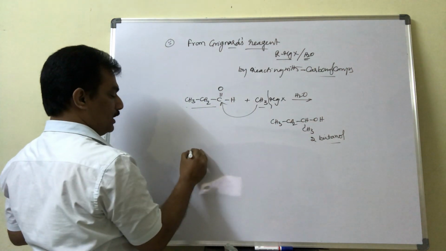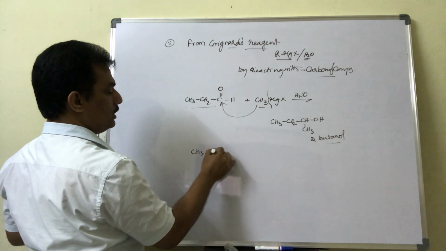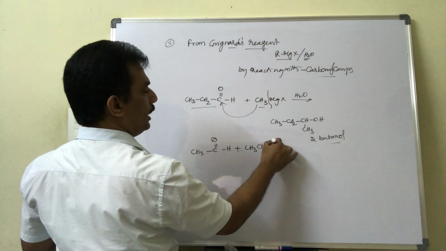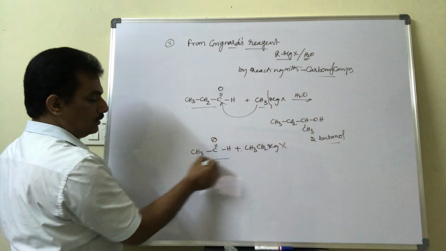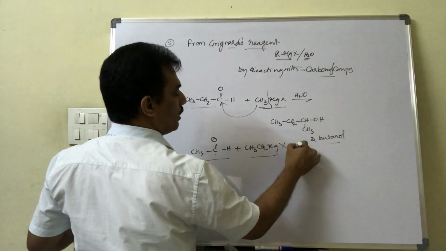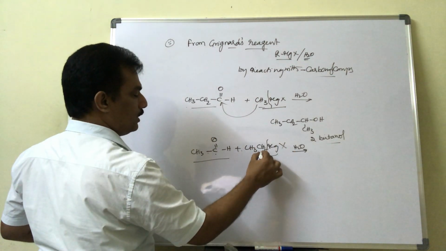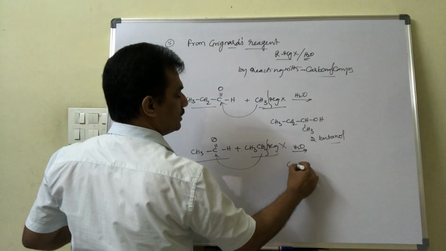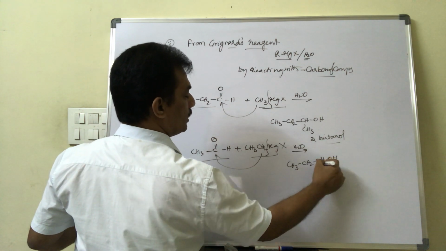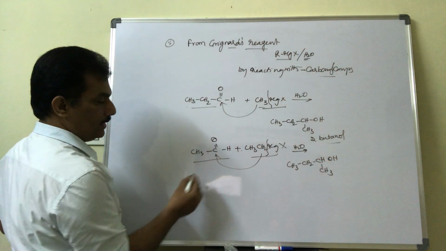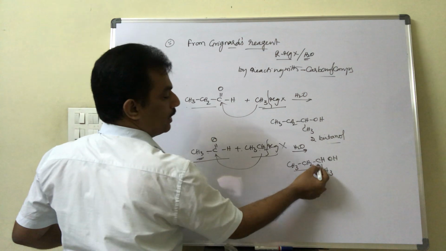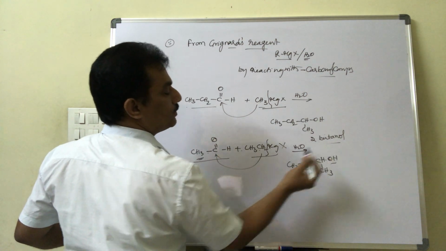Instead of this, by using CH3C(=O)CH3 and then CH3CH2MgX, now you can observe here the substrate is different and the reagent is also different. But when we are considering the product, this one will go to attack on this, where it is forming CH3CH2C(OH)(CH3)2. Again, this CH3CH2 is this one, and this is retained on this carbon and it is converted or reduced to OH.